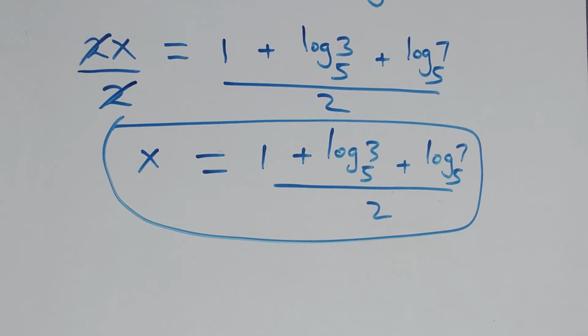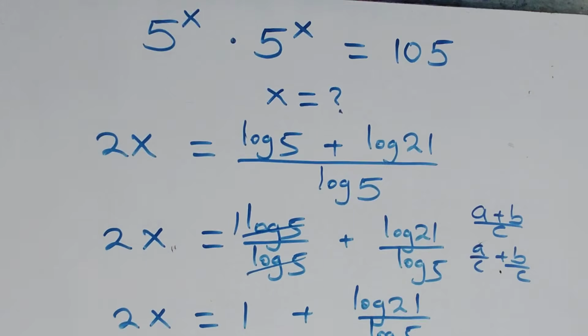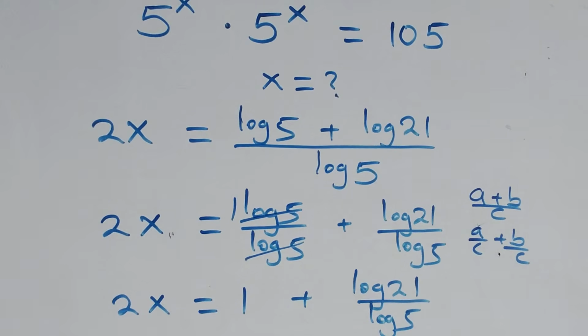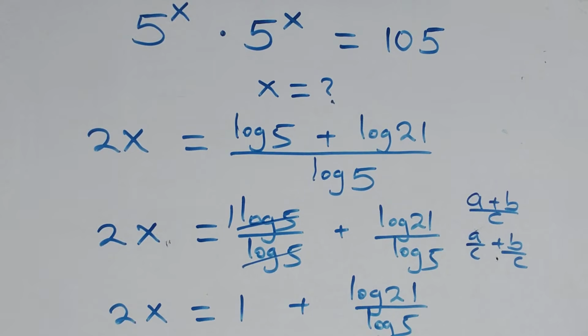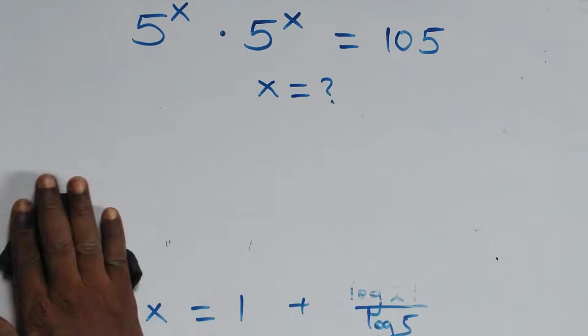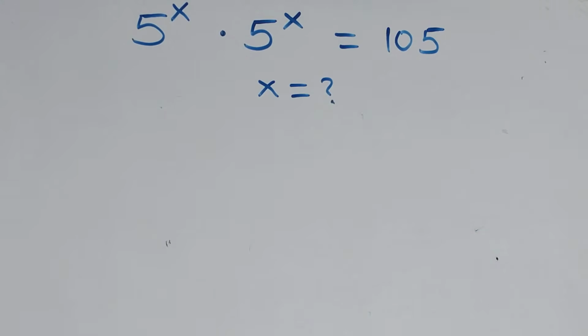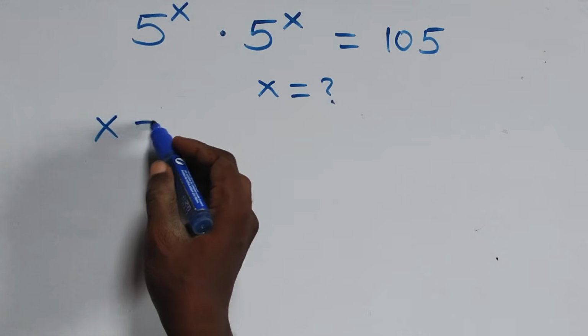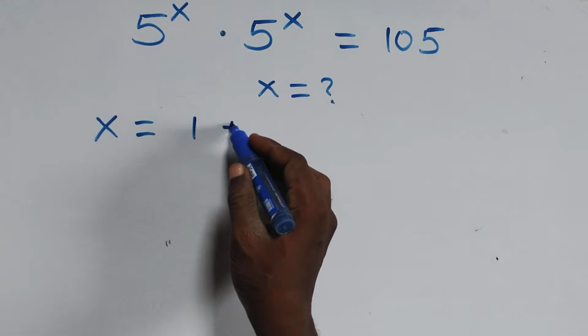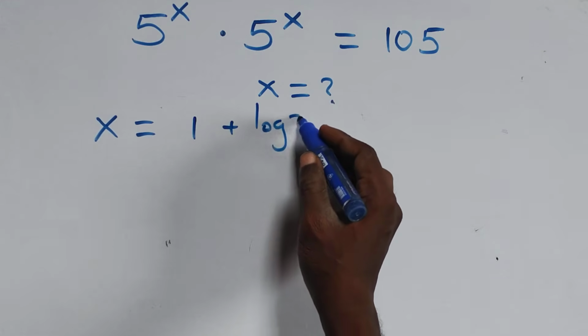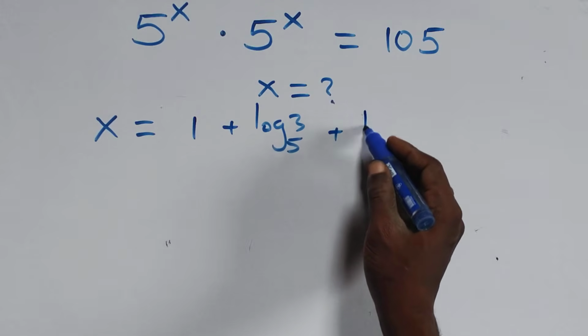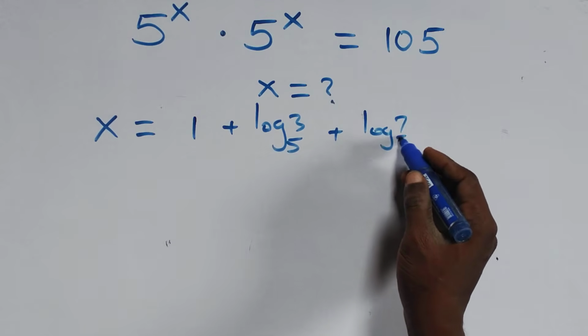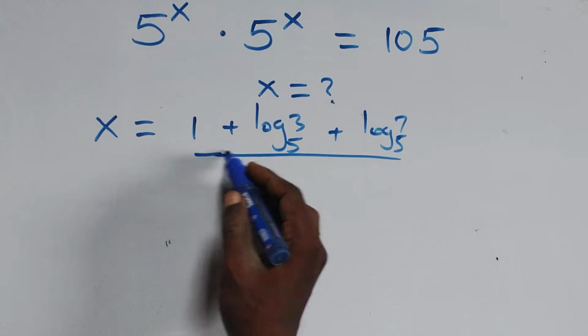Let's check here if this satisfies this given problem. That is, we substitute the value of x here, which is x equals to 1 plus log 3 base 5 plus log 7 base 5 all over 2.